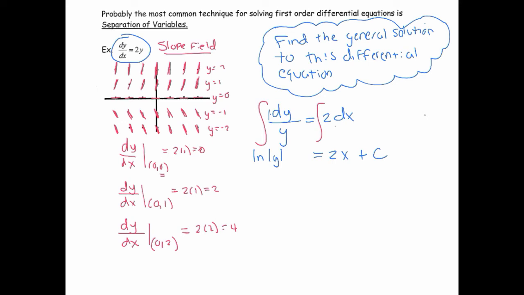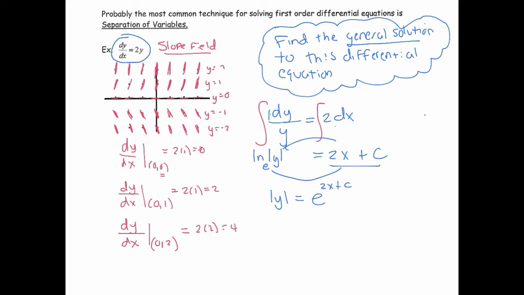Now the point is to solve for y, because when we find the general solution, the idea is to solve this equation for y. So I'm going to use my definition of ln and say, well, e to the 2x plus c is equal to the absolute value of y. So the absolute value of y is equal to e to the 2x plus c.